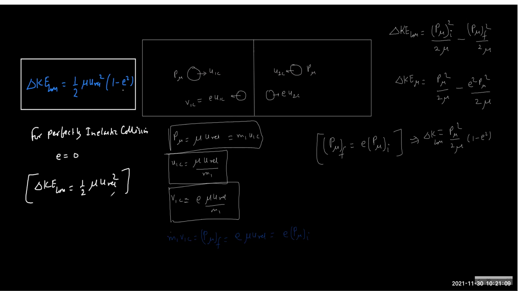And for the obvious reason, because initially we had this energy and finally they will move together. If the system moves together with the same velocity, there is no energy in the CM frame, and therefore all of the energy in the CM frame gets lost.